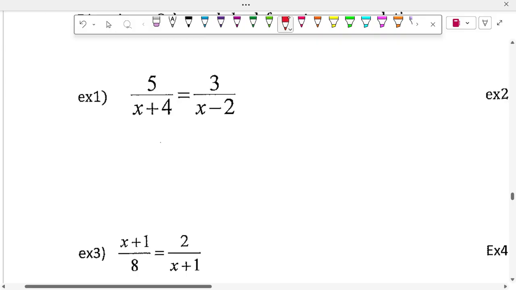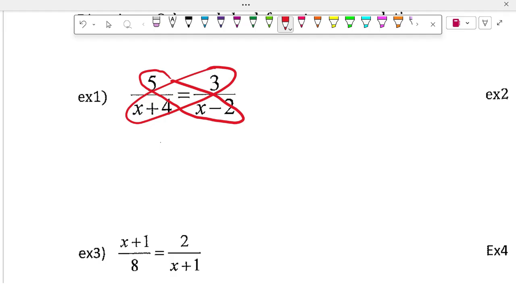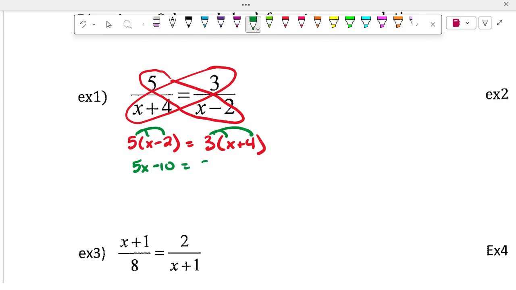So this first one, very easy peasy. You start by cross multiplying. So I have 5 times x minus 2 is equal to 3 times x plus 4. How do I solve now? Distribute on both sides. So I have 5x minus 10 is equal to 3x plus 12. Then what do I do?